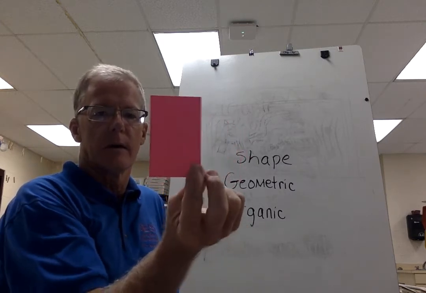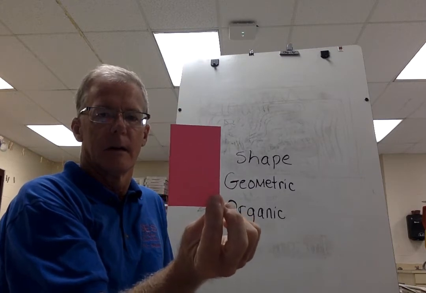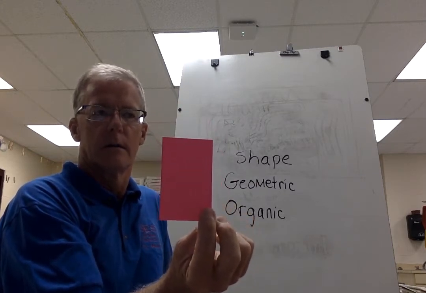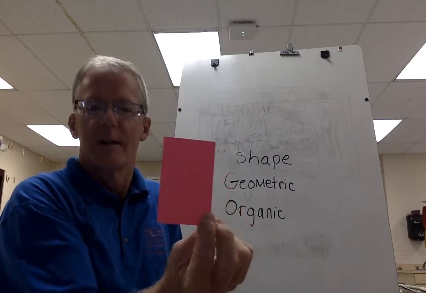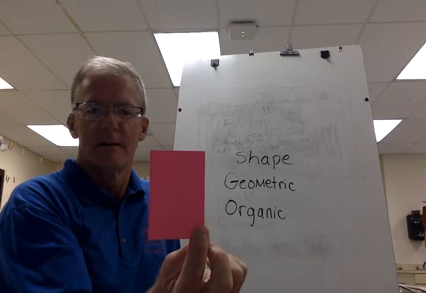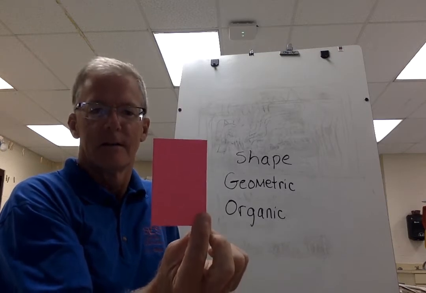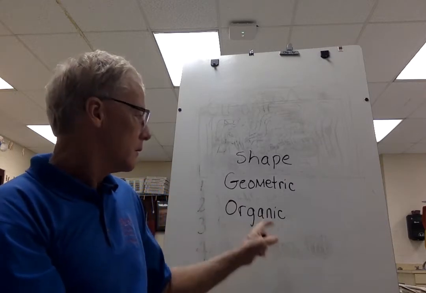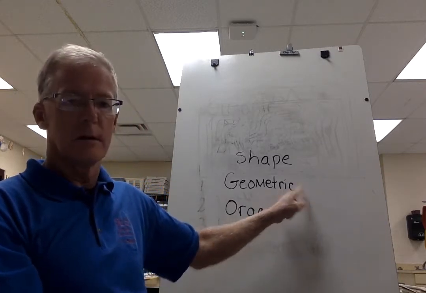What kind of shape is this? Of course, it's a triangle. No, that's not a triangle. That's a rectangle. So what group does this go in? Organic or geometric?